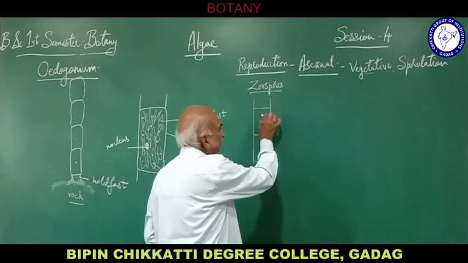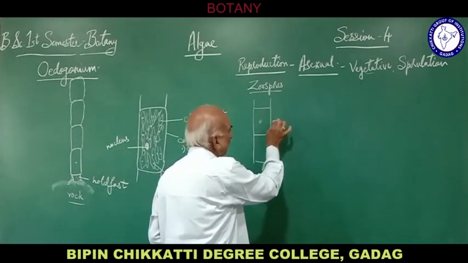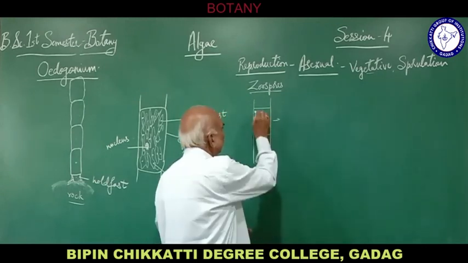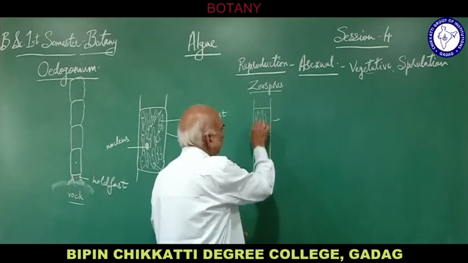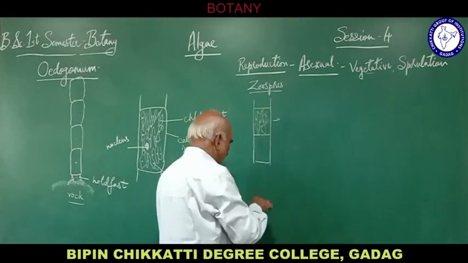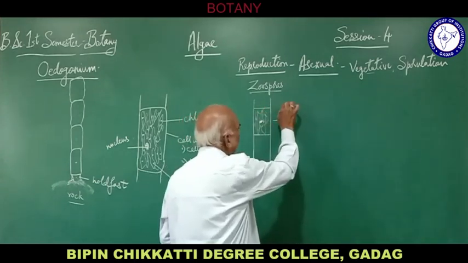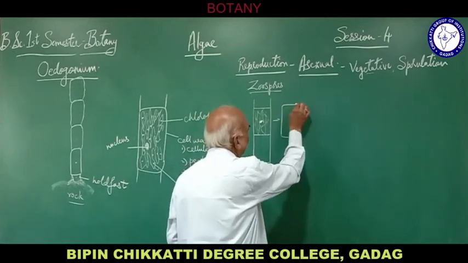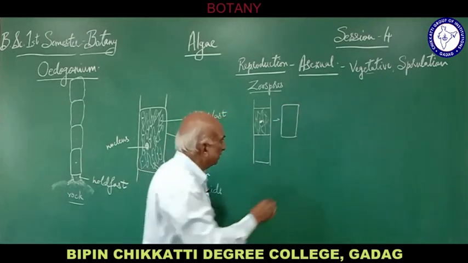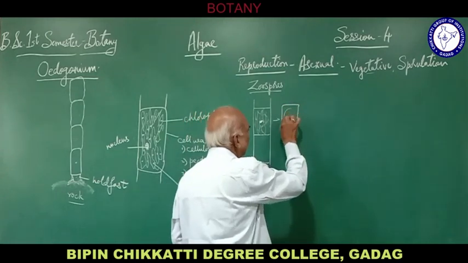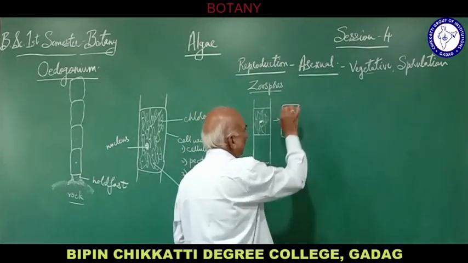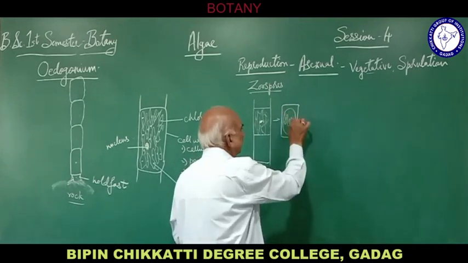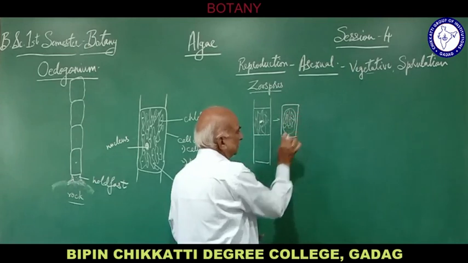So when this cell forms here, you will find the chloroplast like this, and this is the nucleus. In the next stage, the cell membrane separates from the cell wall, and at one end a colorless area develops like this.